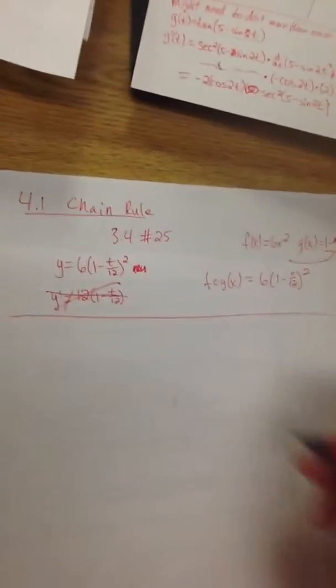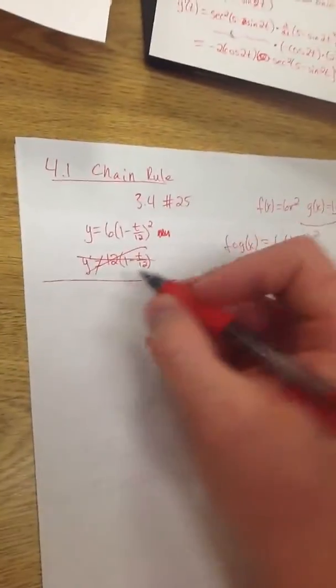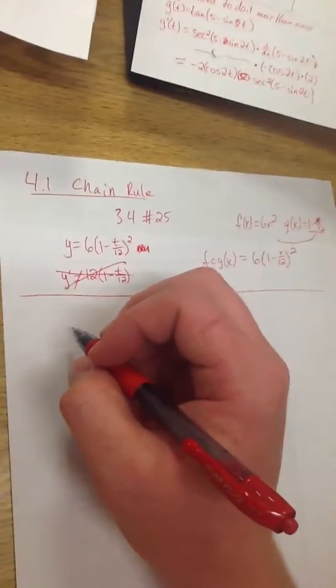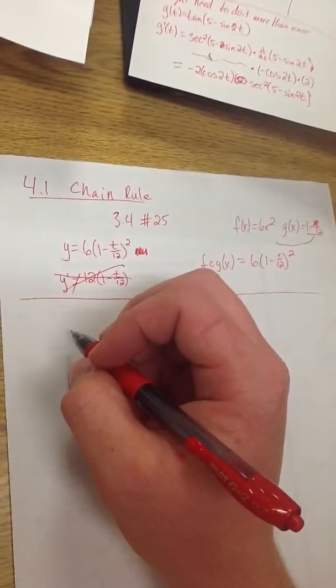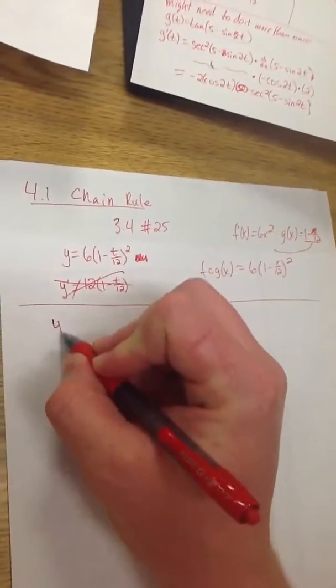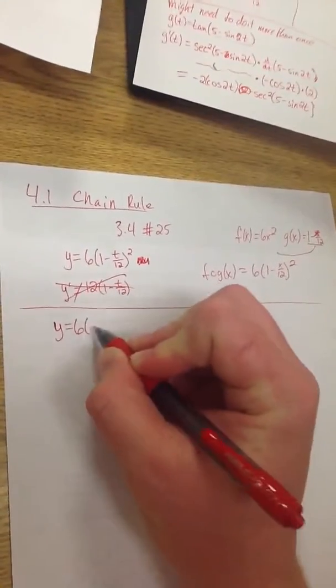So let's say we want to do the derivative of this, and now the iPad's in my way again. There we go. Let's see, where was I? We're going to do the derivative of this using the chain rule.